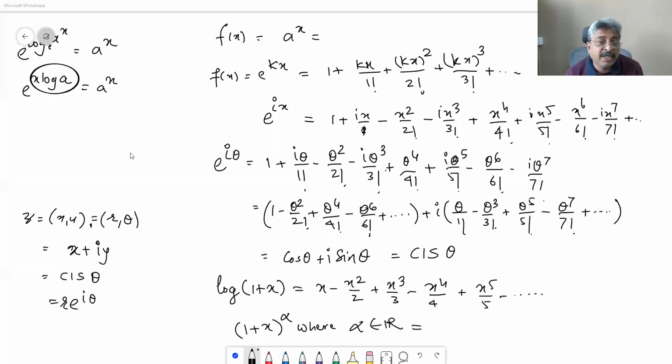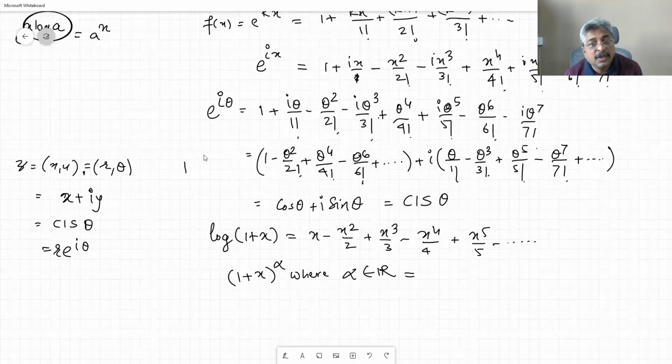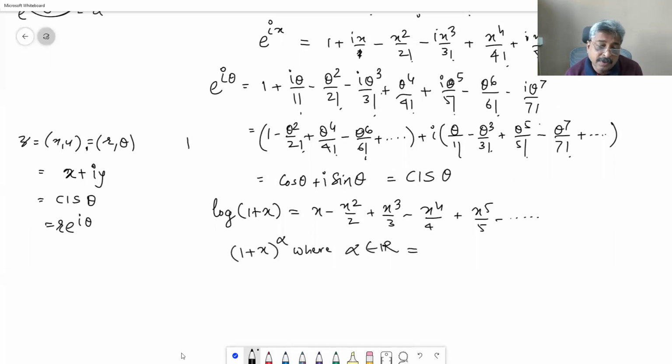So if alpha is a real number, then your series expansion looks like something where if alpha becomes natural number, then it is a binomial expansion.